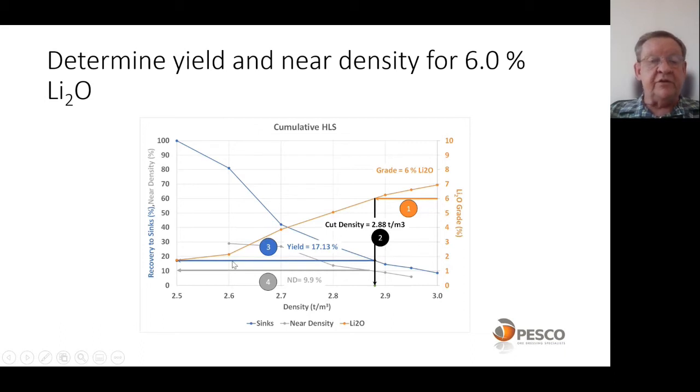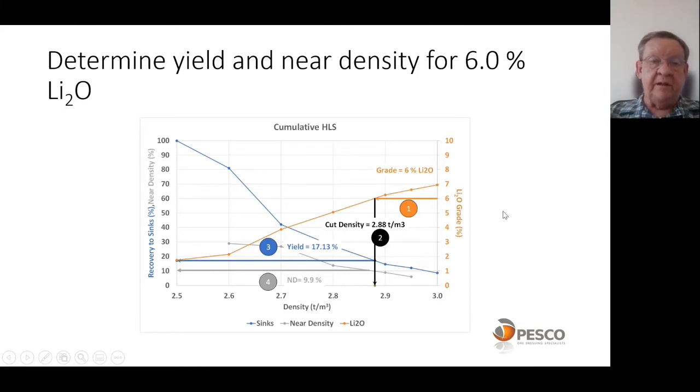Going horizontally across to the recovery values, we find a yield of about 17.1%. Where it intersects the near density curve, we find the near density is about 9.9%.